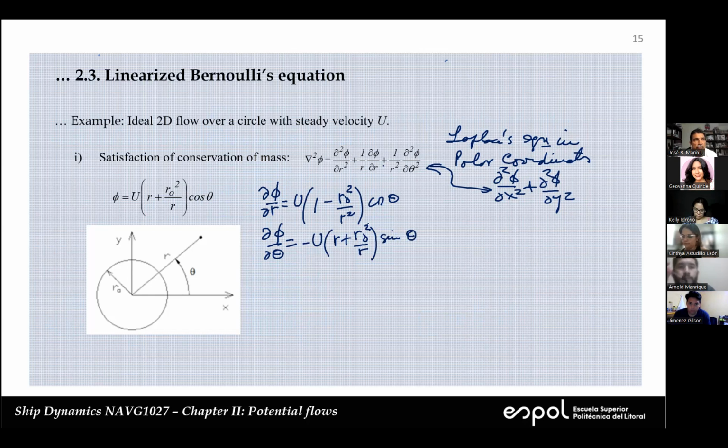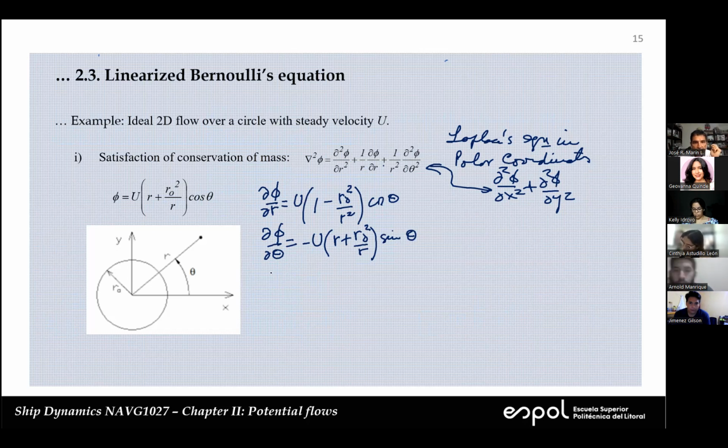So I need these two expressions. You will see that in a minute, okay? Because the derivative of phi with respect to r, that's basically the velocity in the r direction. And this, divided by r, will be the derivative in the tangential direction. So we need them both.